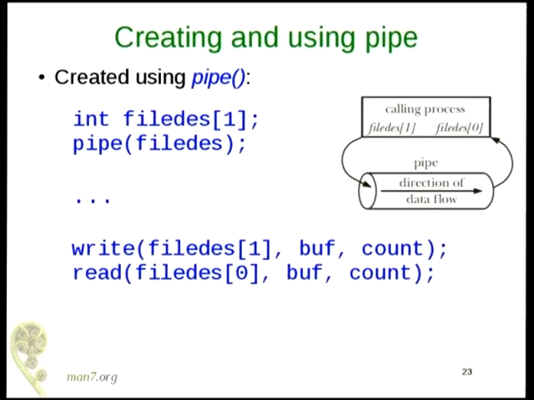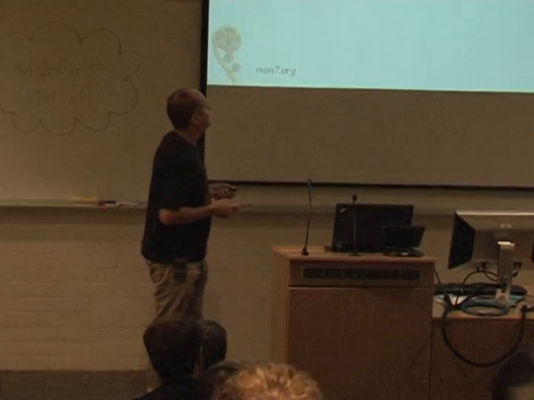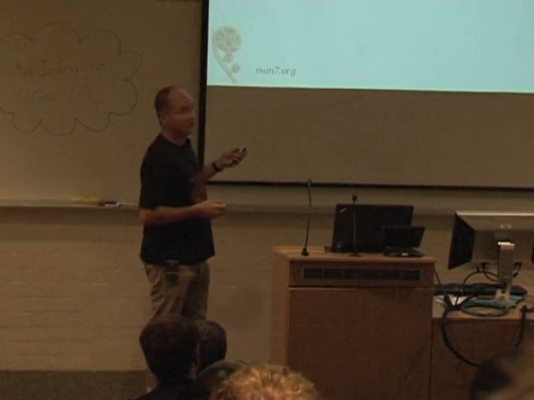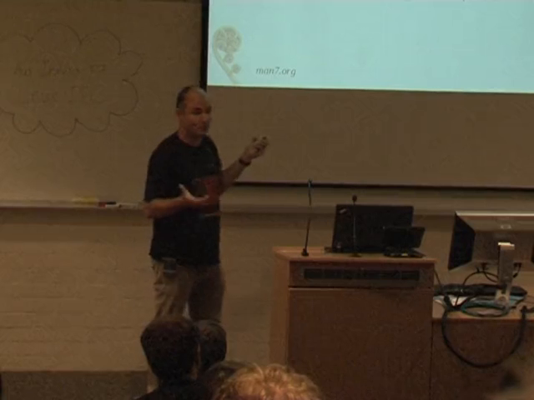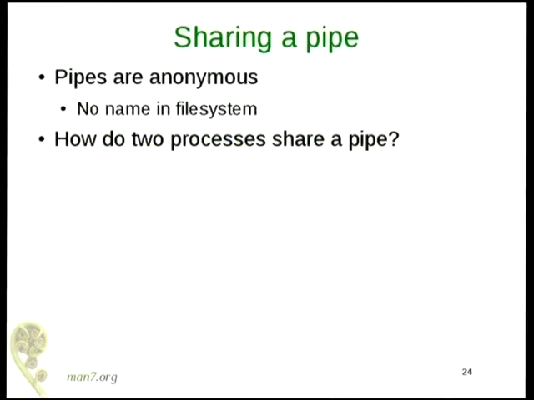Easy to remember, 0 is for standard in, if you like, 1 is for standard out. It's the same convention, if you like, for those 2 array elements. And then you can just write into the pipe with a write system call, read from the read descriptor with the read system call. Pipes are anonymous. They don't have a name in the file system.